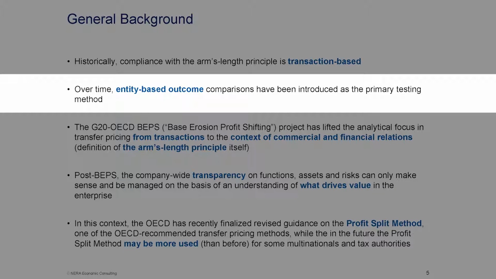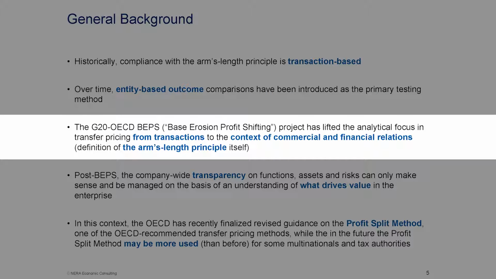Slowly, with the introduction of the comparable profits methods in the US and the transactional net margin method in Europe, these transaction-based assessments have been replaced by entity-based outcome tests, which were introduced as the primary testing method.